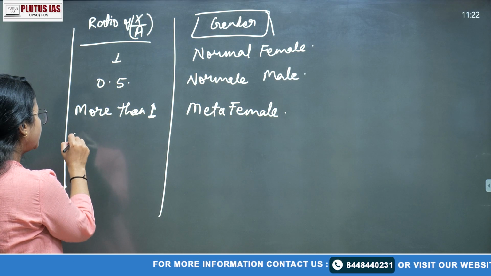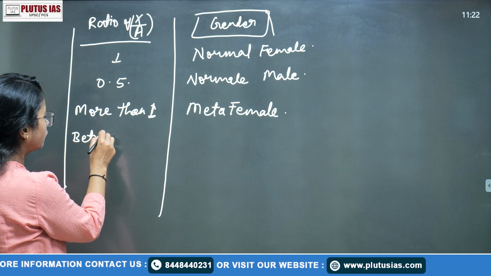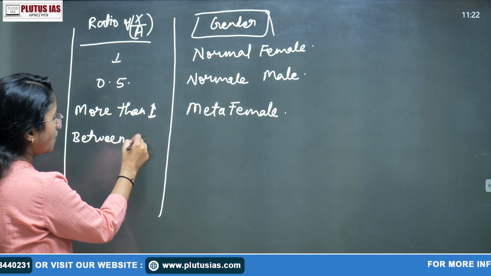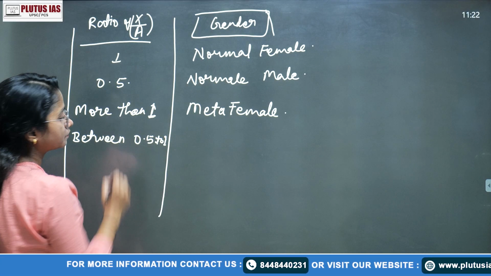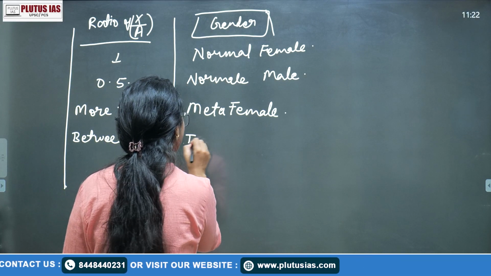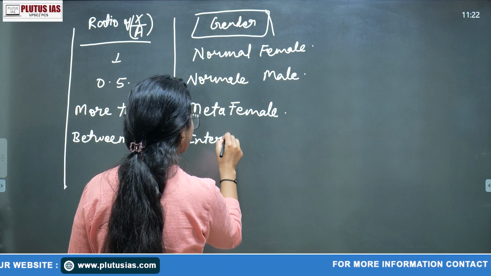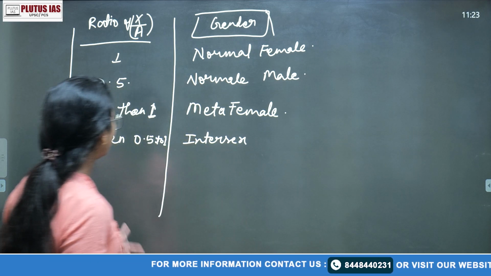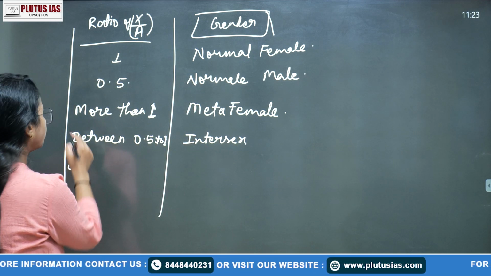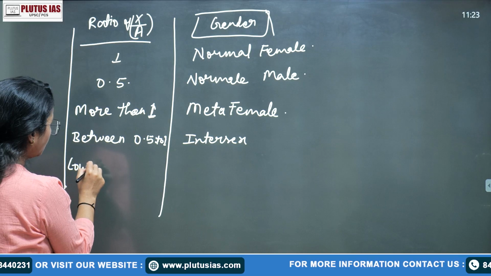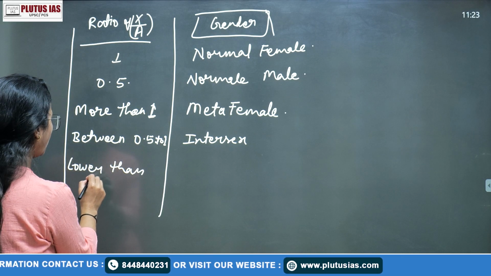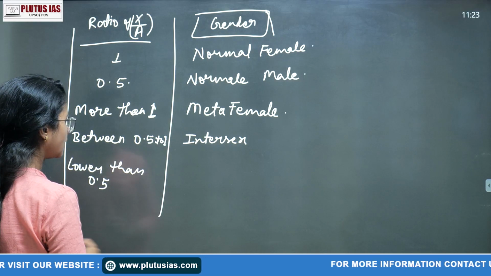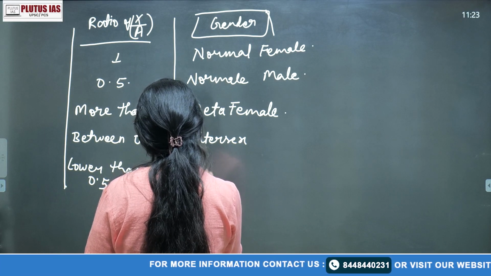Between 0.5 and 1 is your intersex. Don't worry, I'll explain each thing. Lower than 0.5 is your meta male.